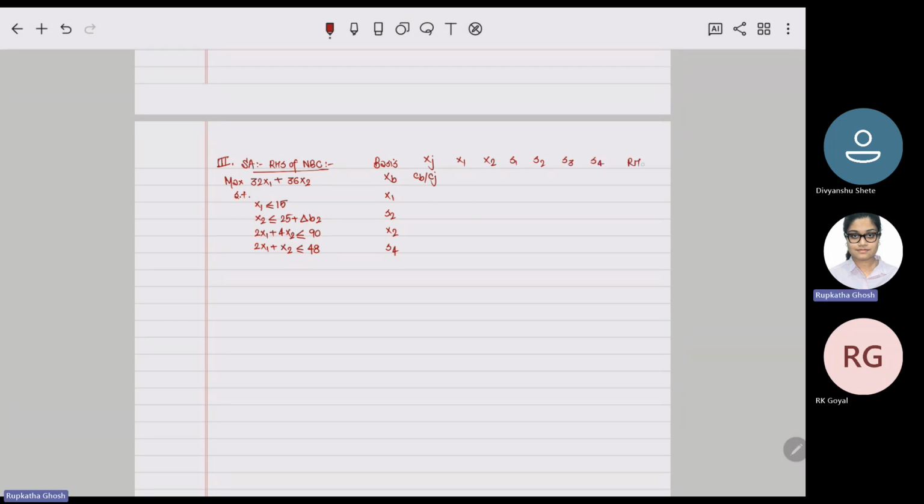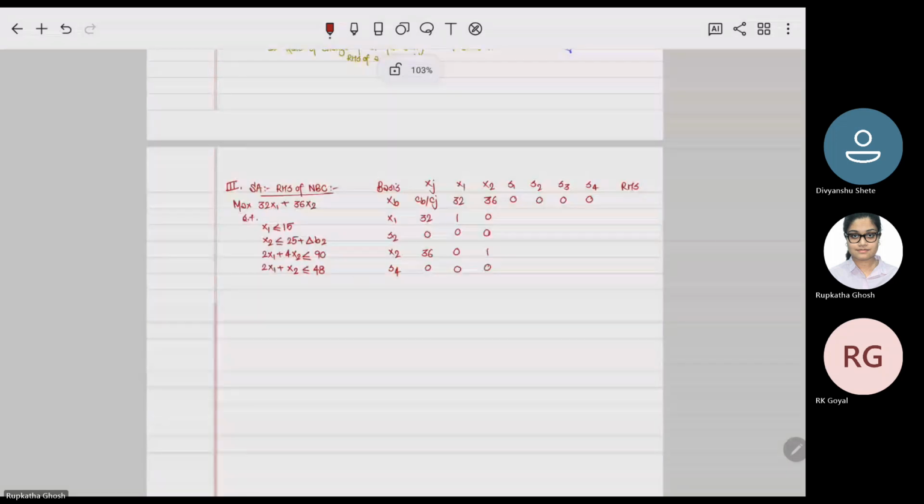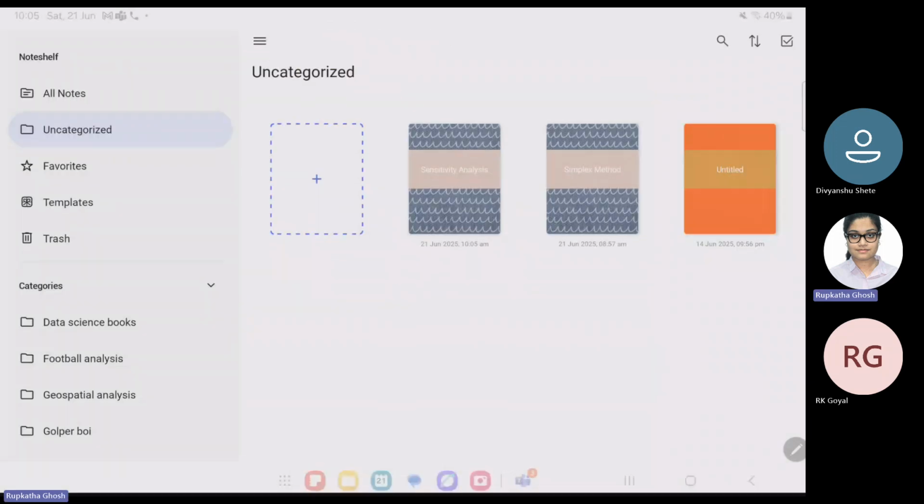Right hand side 32, 36. So x1 would be 1, x2 would also be 1, s1 is 1 half, minus half, minus 3 by 2.